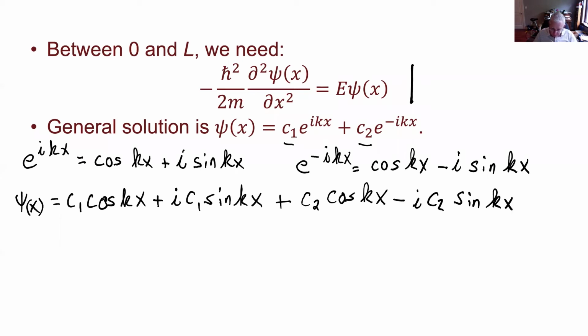All right, if I collect up my sines and cosines, I'm going to take the sines first. So I have i times C1 minus C2, times sine kx.